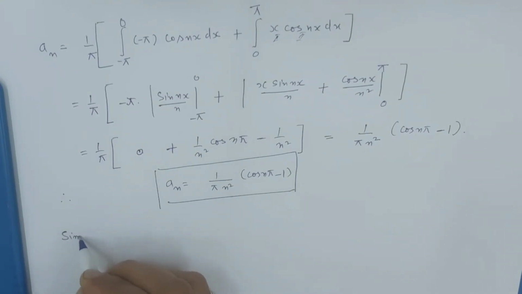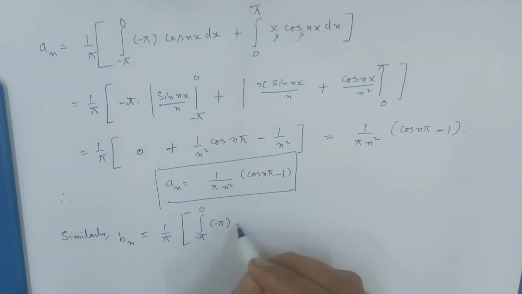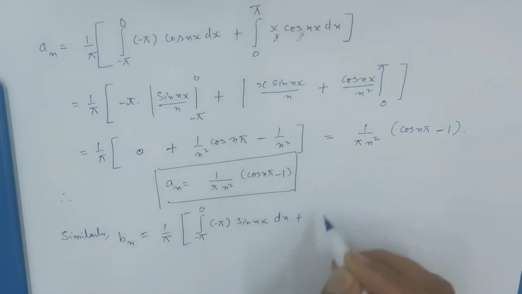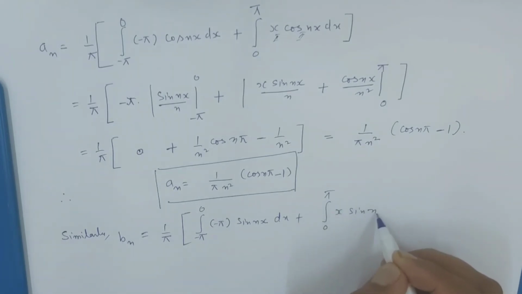Similarly we find bn, bn equal to 1 upon pi, minus pi to 0, here is minus pi sin nx dx plus 0 to pi, here is x sin nx dx.